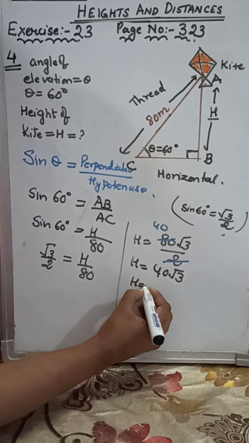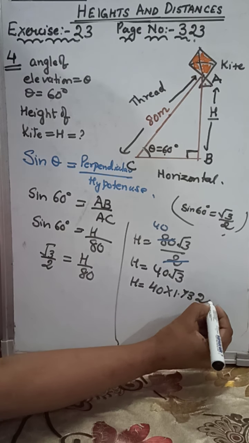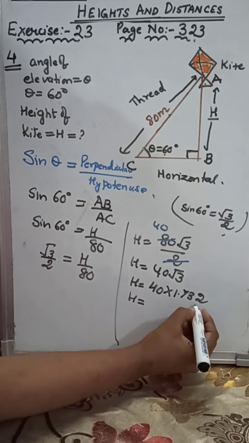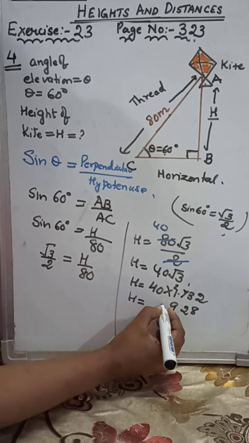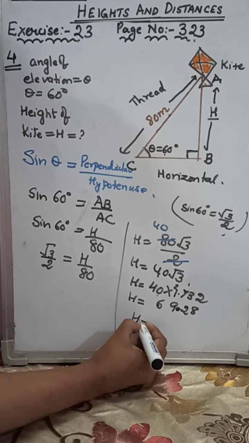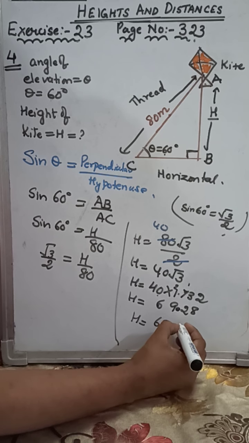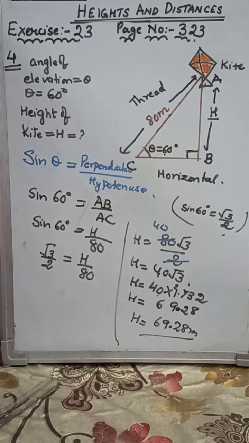Now you will substitute the value of root 3, that is 1.732. Clear? Now you have to multiply. And there is a decimal. So height of the kite is 69.28 meter. This is the answer of question number 4.